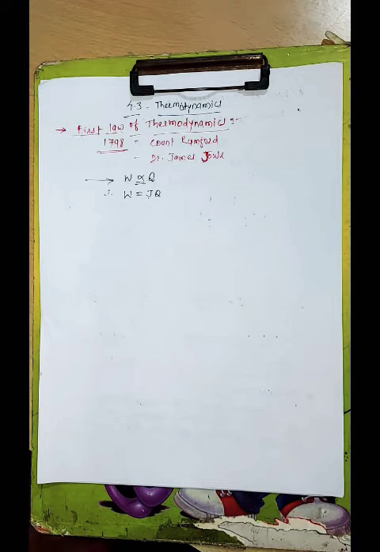Dr. James Joule was clear about this idea regarding heat and mechanical work done. So that famous equation is given by W equals J into Q. Work is energy transferred by means that do not involve any temperature difference between system and surroundings.